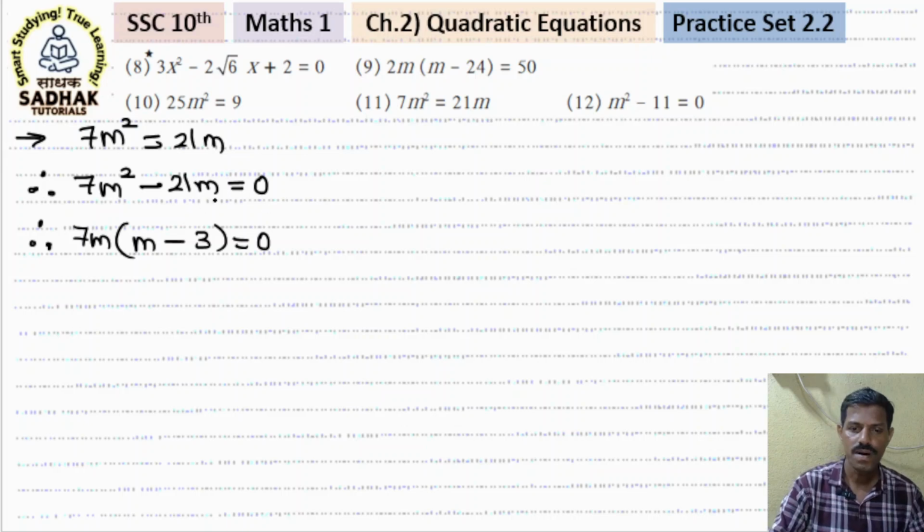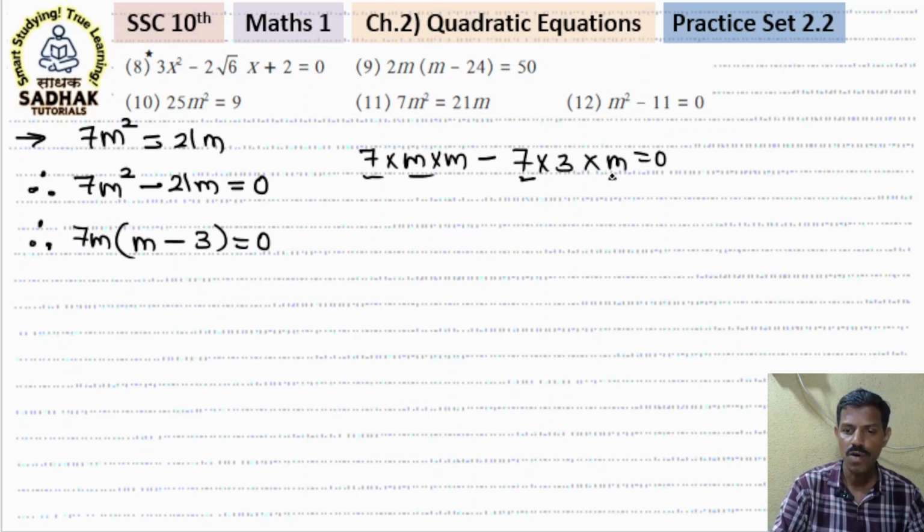So let me write it here, simplify that 7m square, 7 multiplied by m multiplied by m minus 21 I can write as 7 multiplied by 3 multiplied by m is equal to 0, right? So you can see this 7 and 7 is common, m and m is common. So that is what we have taken outside and whatever is remaining inside is m minus 3. So here therefore 7m is equal to 0 or m minus 3 is equal to 0.